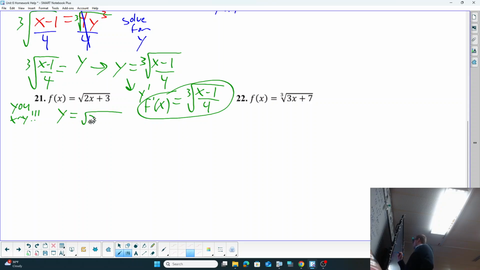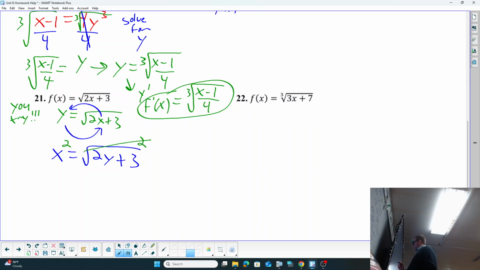We have y equals the square root of 2x plus 3. We're going to go ahead and square both sides. Nope, we have to switch the x's and the y's first to find the inverse. So now x equals the square root of 2y plus 3. Then we square both sides and solve for y.